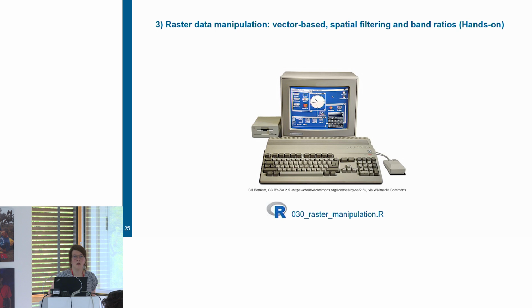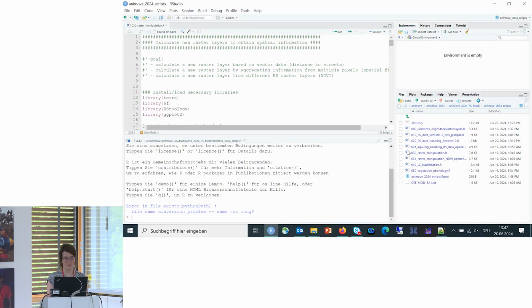Basically, the content of the script is to calculate new raster layers to obtain some spatial information, as I said before. Sorry, this presentation mode. So we will calculate 3 layers.